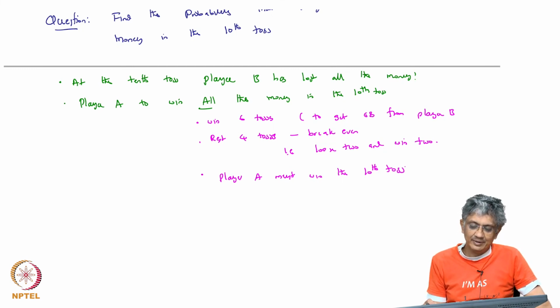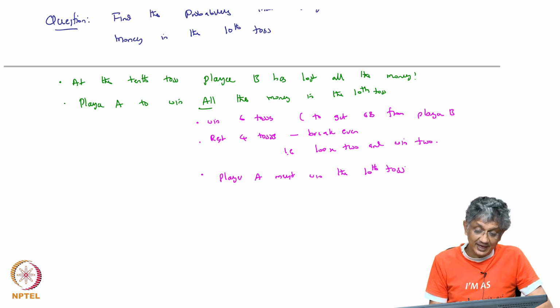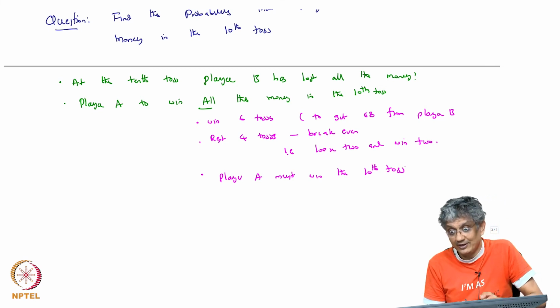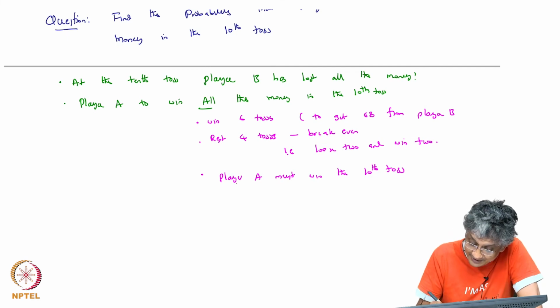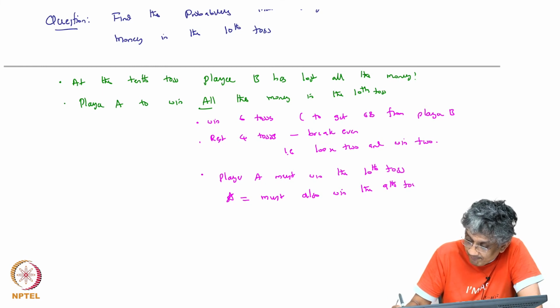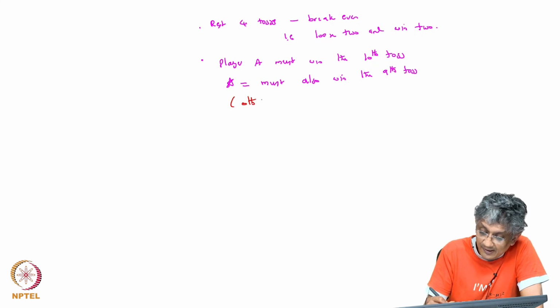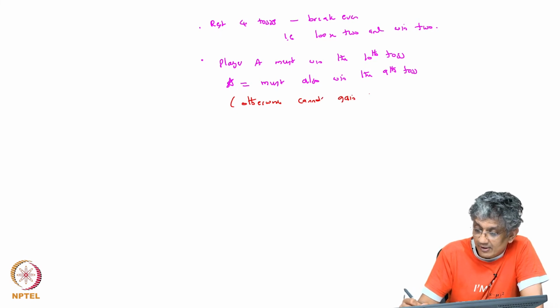And then if you think a little bit, if player A has won the 10th toss, player A must also win the 9th toss, because otherwise he cannot gain 2 rupees in the 10th toss.